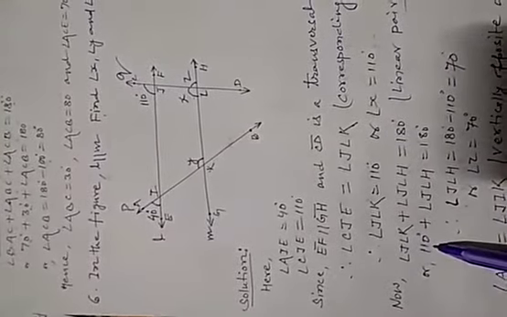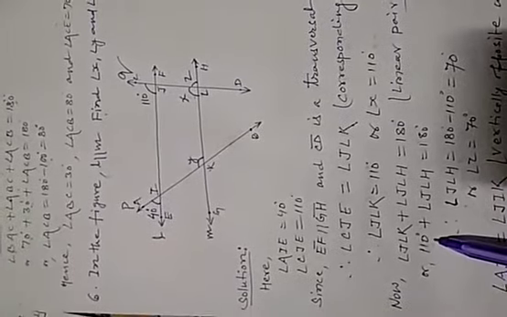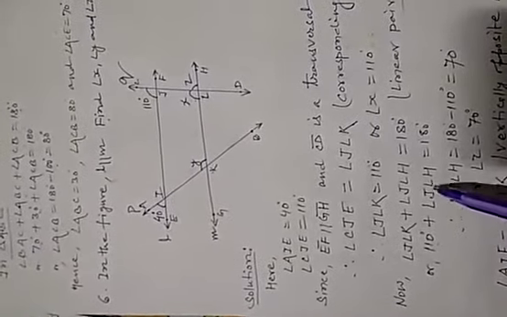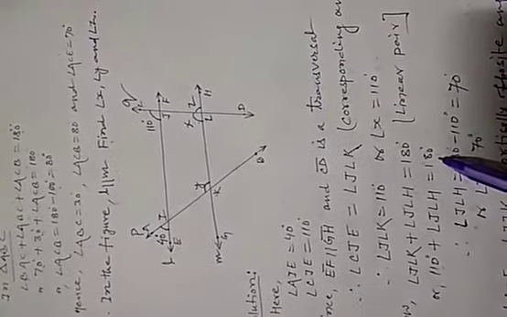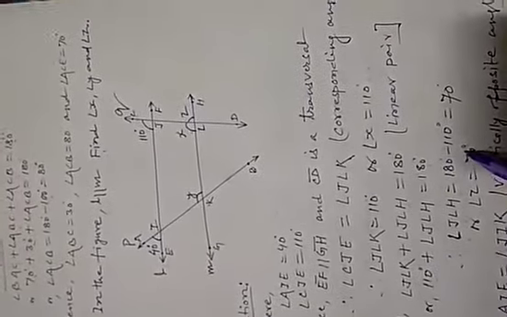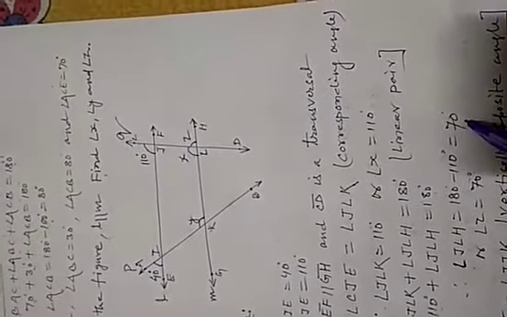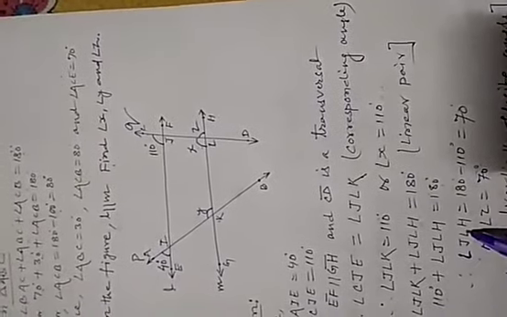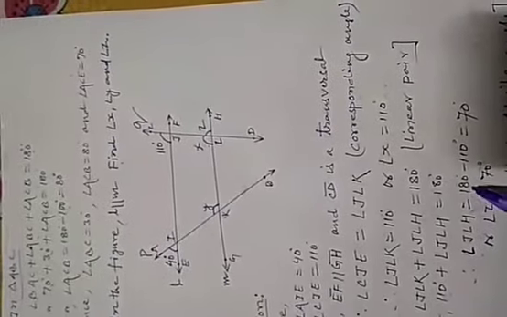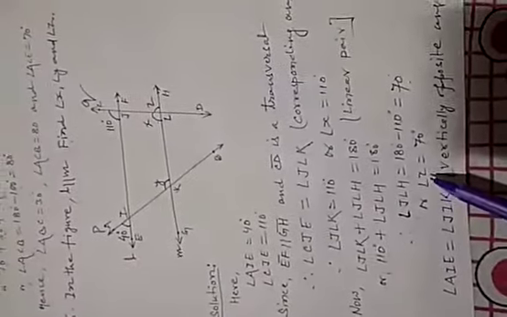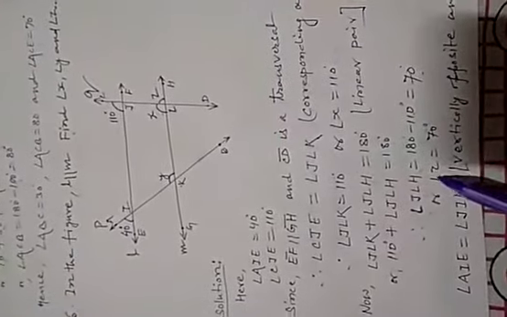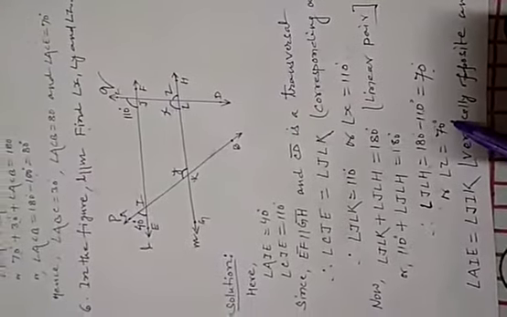Angle JLK is equal 110 degree according to question, and angle JLH is equal 180 minus 110 is equal 70 degree. Or angle Z, we can say angle Z equal 70 degree.